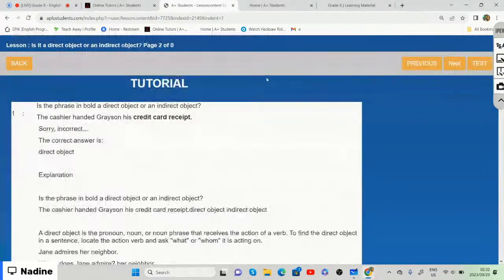So now we need to say if the phrase in bold is a direct object or if it is an indirect object. The cashier handed Grayson his credit card receipt.